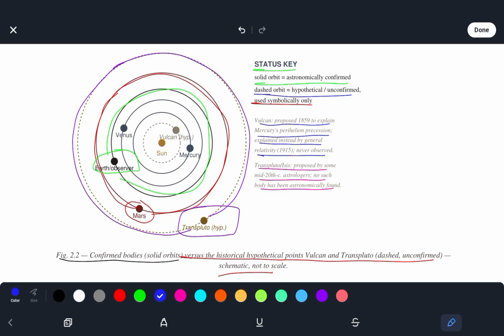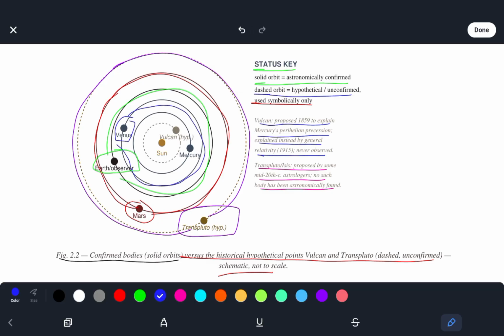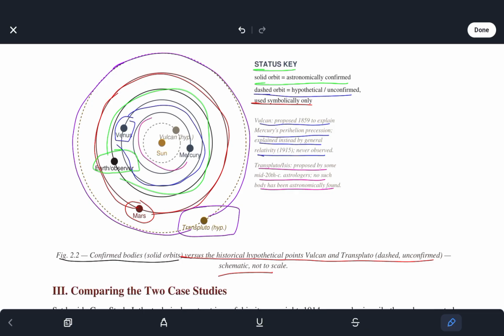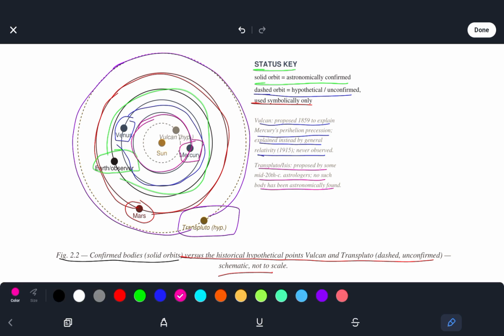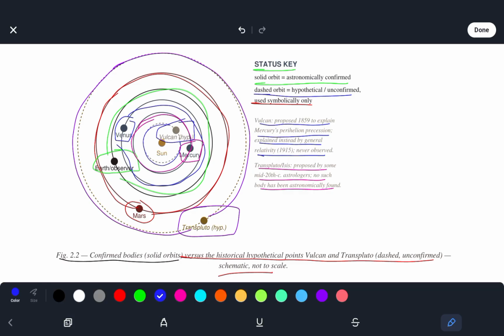We see Venus on the inside of the Earth. And inside, right up closer to the Sun, we see Mercury. And then very close to the Sun, Vulcan, hypothetically, with the Sun right there.